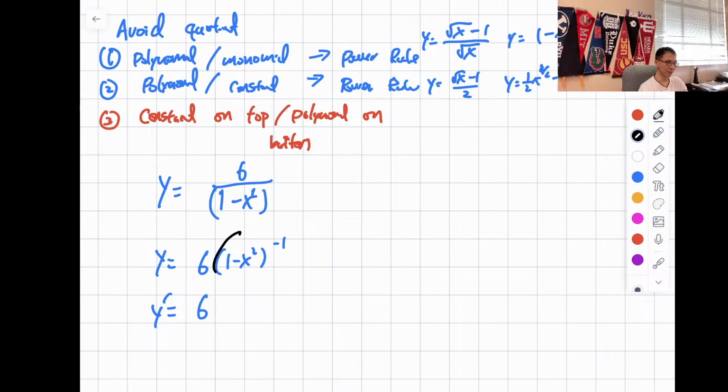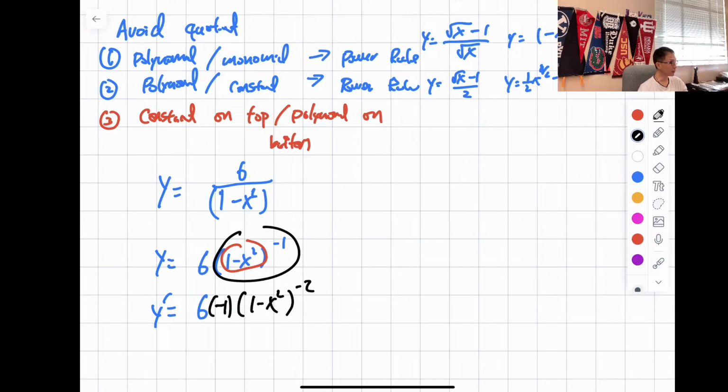No, I can use not product rule, I can just use chain rule. There's only one rule involved. So there's 1 layer, there's 2 layers. So it'll be 6 times -1 times 1 minus x squared to the -2. Is that okay? Times derivative of inside, which is -2x.